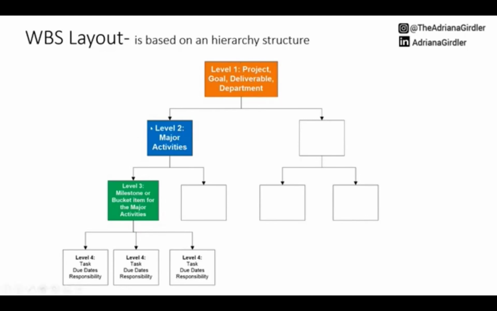These are either milestone activities within that major one. They could be even a further breakdown of activities. And last but not least, you have your level 4. If you really were to compare it to an org chart, those individuals would be the doers. It's the tasks. So that's what your level 4 would be.